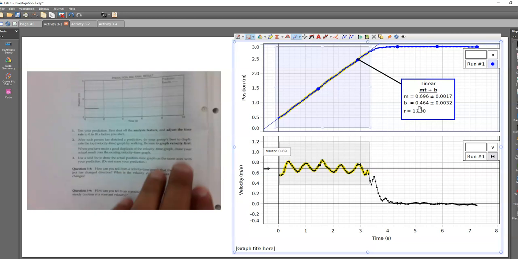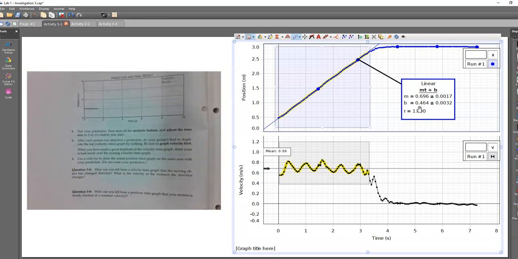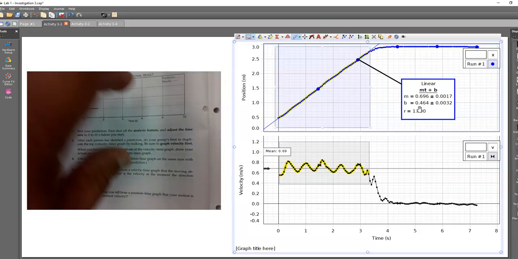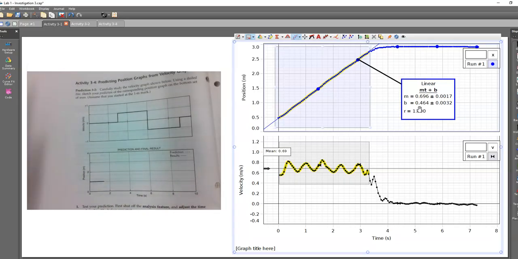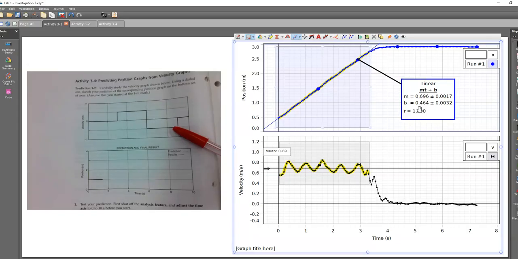You see, what we did was we predicted the velocity from the position graph. Now I want you to predict the position from the velocity graph. So given the velocity graph here, what is the position graph going to look like? Okay?